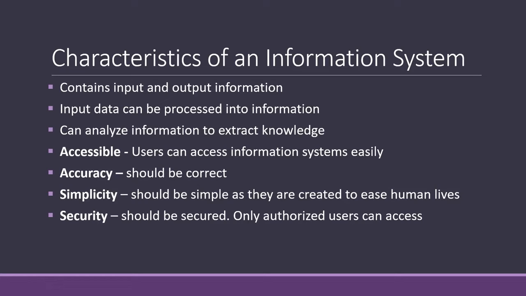So if the system is too complicated, nobody can understand it, it's really hard for someone to use, there's no use of using that information system. So when we are designing information systems, we should focus on developing them in a simple manner.